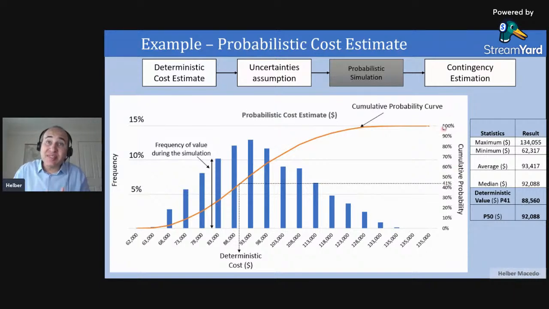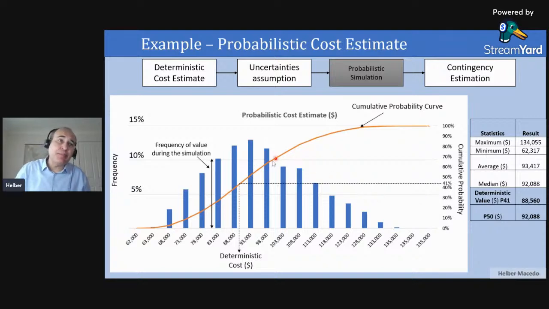But I have around 49% of the scenarios where I don't have enough money because of the uncertainties of salary and duration. So then we have a decision that the leadership, the manager, needs to take.